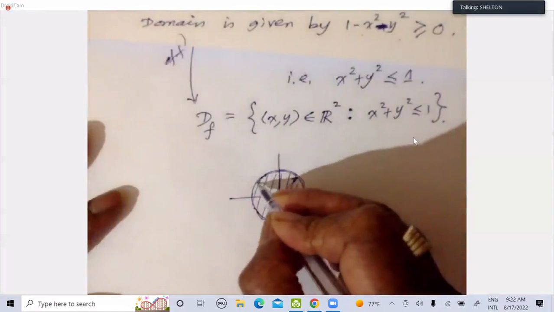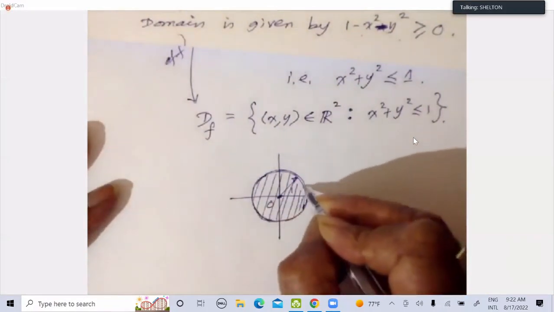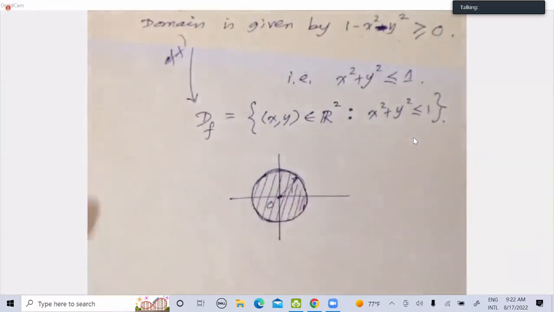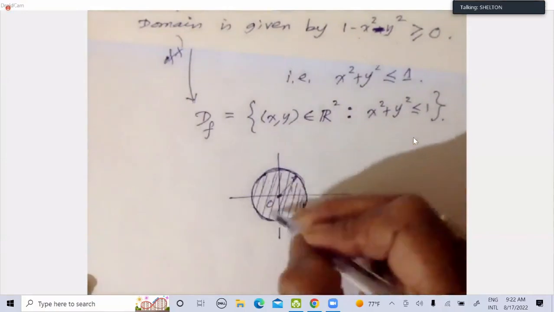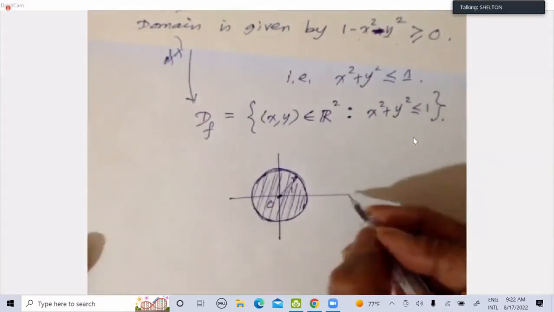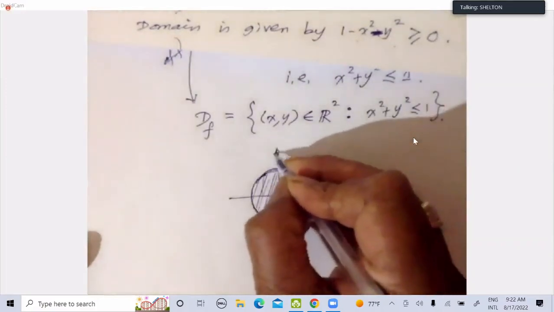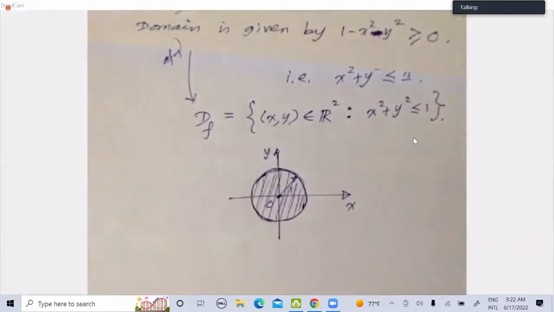We did complex numbers also. This is mod z equals 1. Less than is inside. If I had equal to 1, we know it is a unit circle. We did circles also earlier. So this is the shaded region.